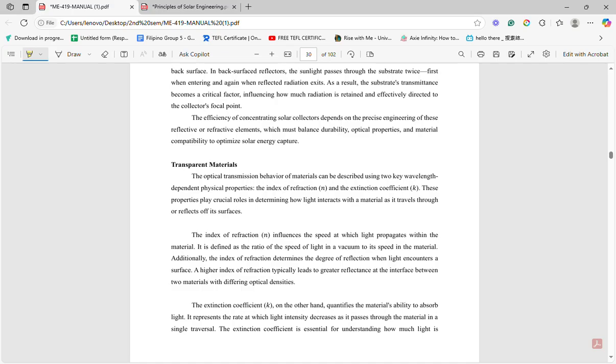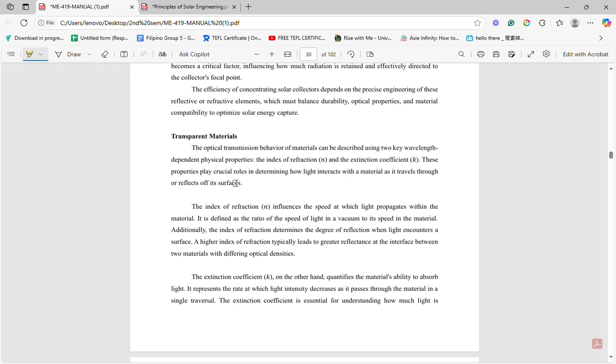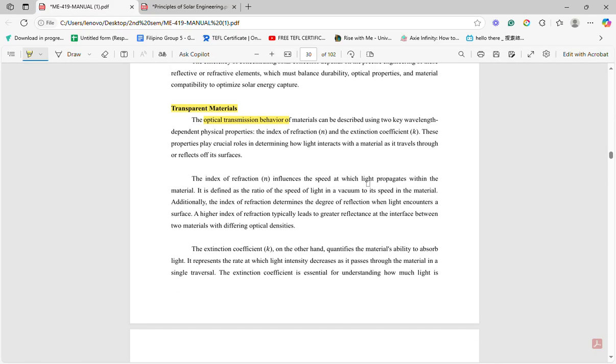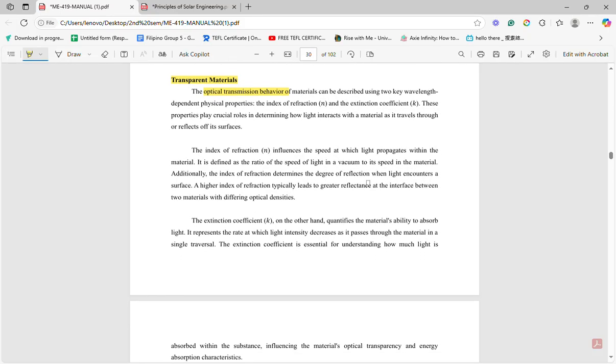Whereas transparent surfaces, again, transparent materials are for transmission purposes, to pass through a certain material with minimal absorption or reflection. Like what I have mentioned earlier, if there is a higher transmittance, then more sun will be able to pass through it.